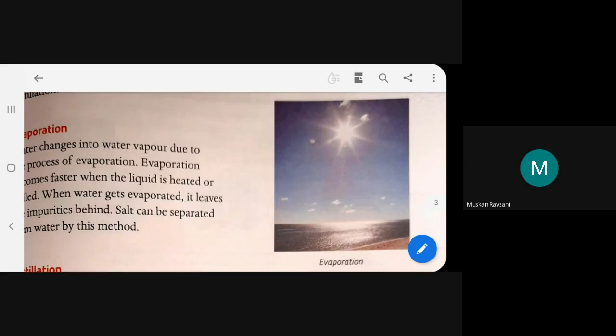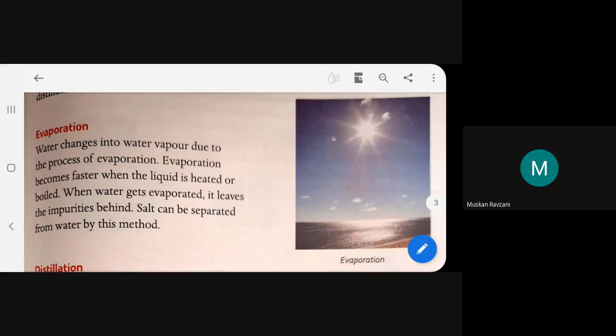Okay, so evaporation. What happens in evaporation? The liquid, because of the heat, or because it gets boiled because of the heat, converts itself into water vapor, and all the remaining impurities like salt remain as they are. So in this way we can purify the water.